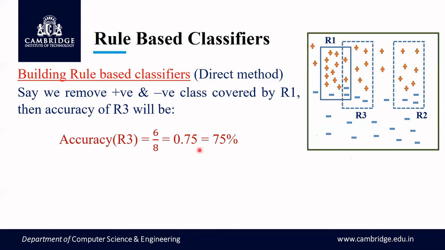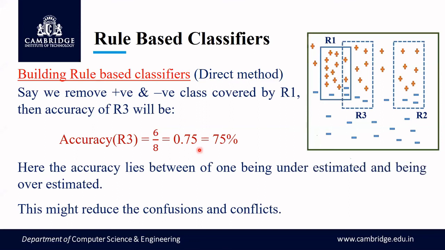Therefore this made us remove both the positive and negative records that are covered by the particular rule in the sequential covering algorithm. I think you have understood why we remove both positive and negative records covered by a particular rule in sequential covering. This is the reason for that particular process in the sequential covering algorithm.